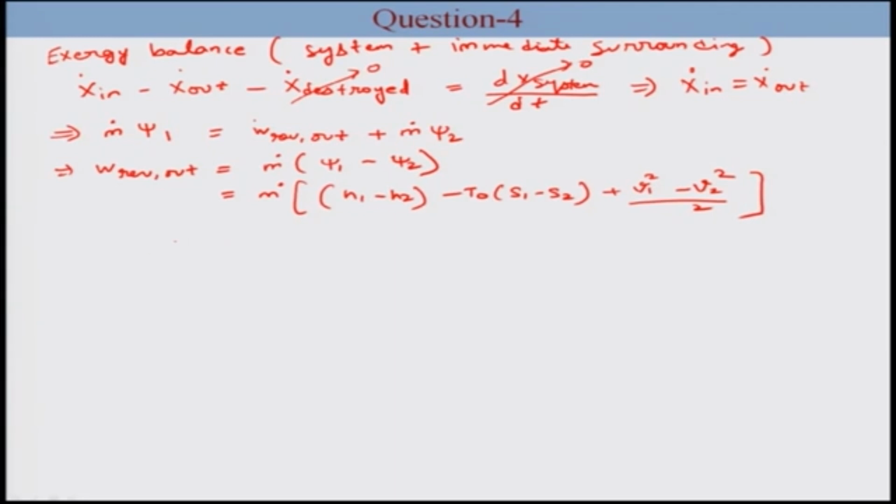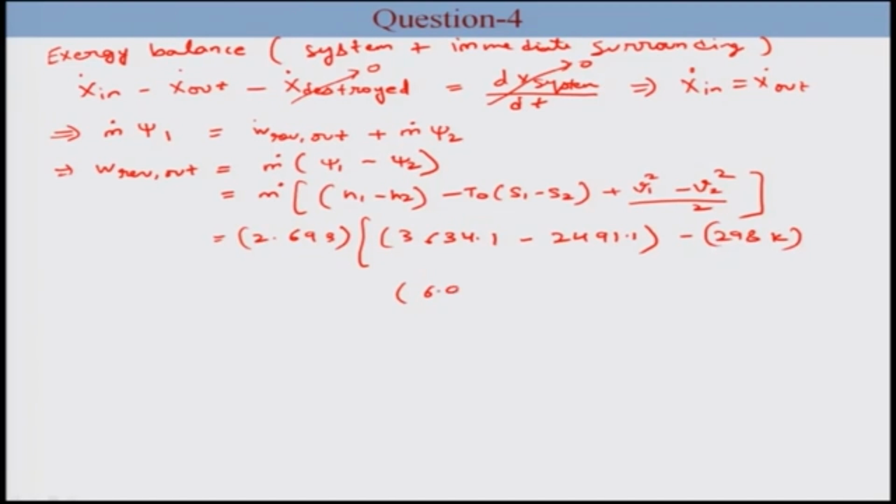Putting all the values, m dot is 2.693, h1 is 3634.1 minus 2491.1 minus T0, which is 298 Kelvin, multiplying this by s1 minus s2.